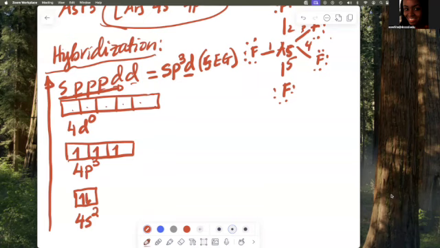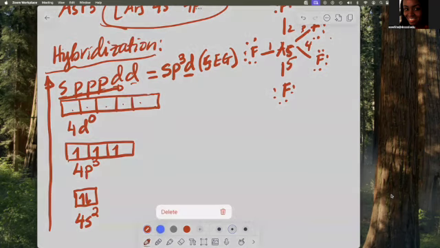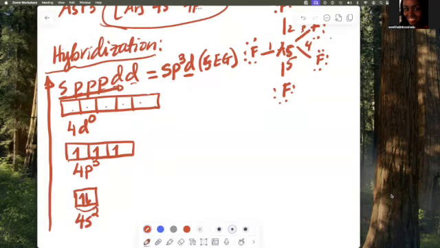As I hybridize these orbitals to get the right bonding capacity for As, I have to use all of the s, because there's just one s available, 3 of the p's, and only 1 of the d's. It doesn't matter which d I pick because all the d's are empty. So I go with 1 s, all 3 of the p's, and 1 d.